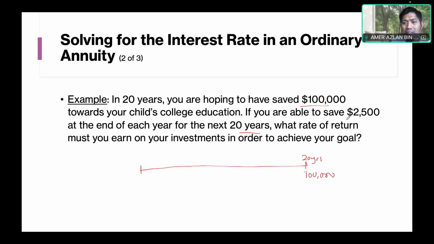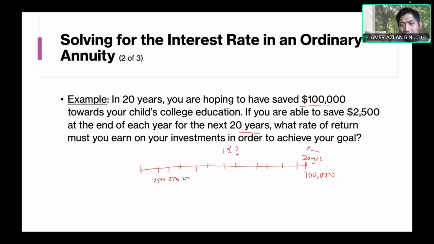If you can save 2,500 at the end of each year, so every year you want to save 2,500, at what rate of return must you earn on your investment?